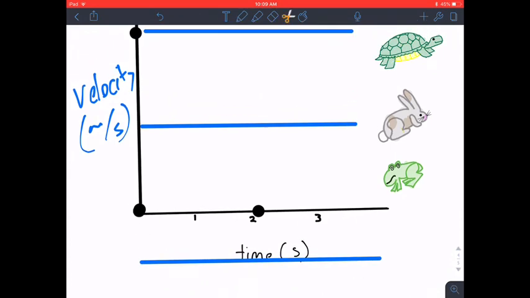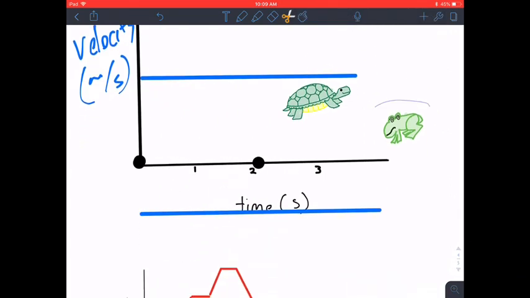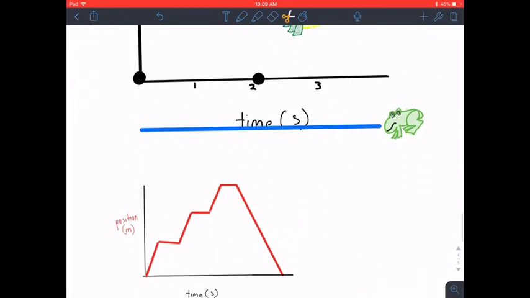If we pair those, the turtle is this line right here. He has constant velocity, but it's lower than the rabbit's velocity right here. And the frog would have negative velocity. He'd be over here, something totally different.